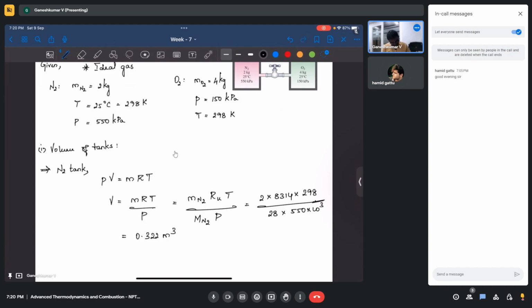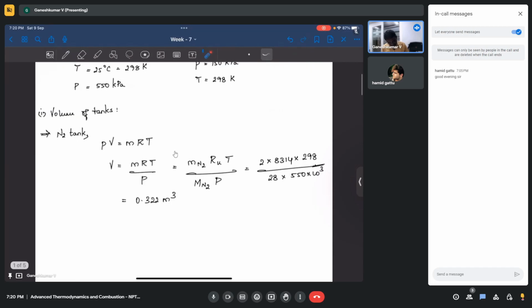I guess I didn't make any problems here, because this will be in terms of kg, and this will be in joules per kilomole Kelvin divided by kg per kilomole. Kilomole, Kelvin, kg.